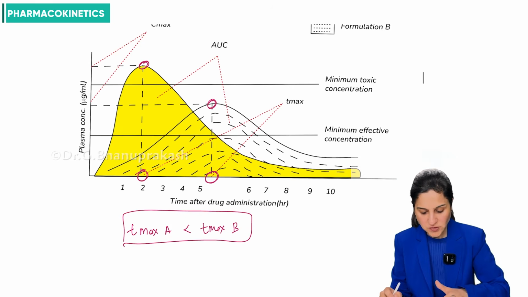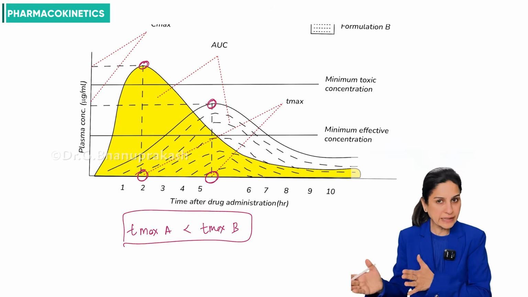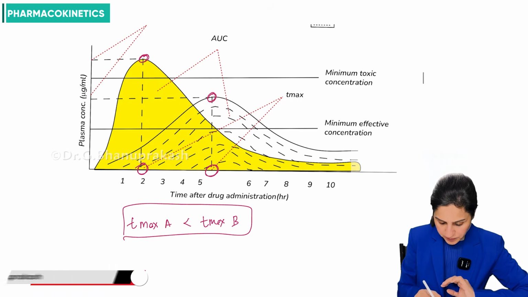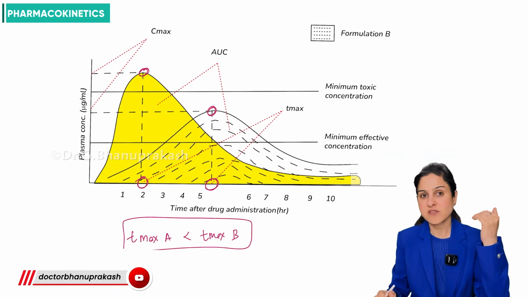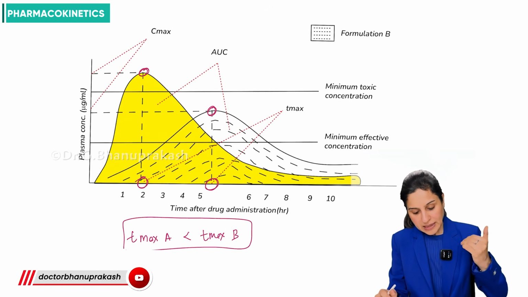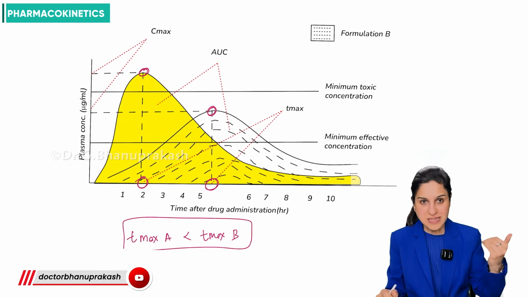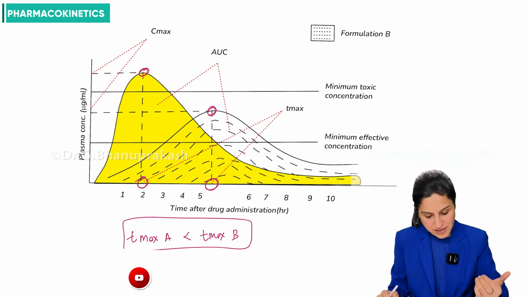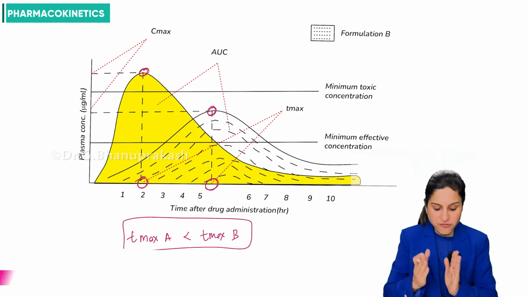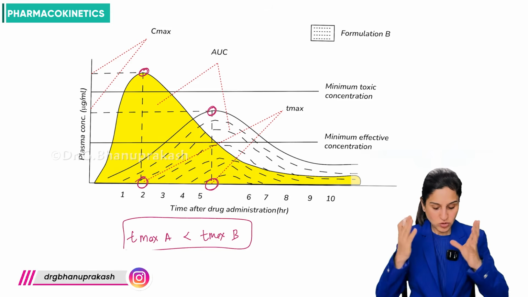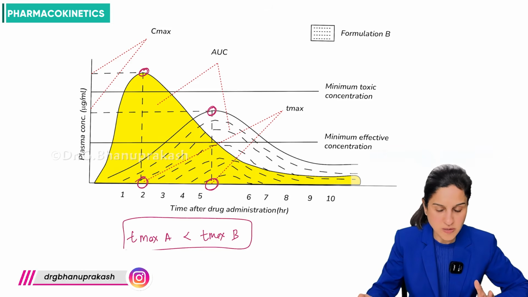Because B achieves it at a later point here. So A has achieved the Cmax faster. Quick, fast means the rate of absorption is faster for A as compared to B, because of how fast the drug has been absorbed and has achieved the maximum concentration.